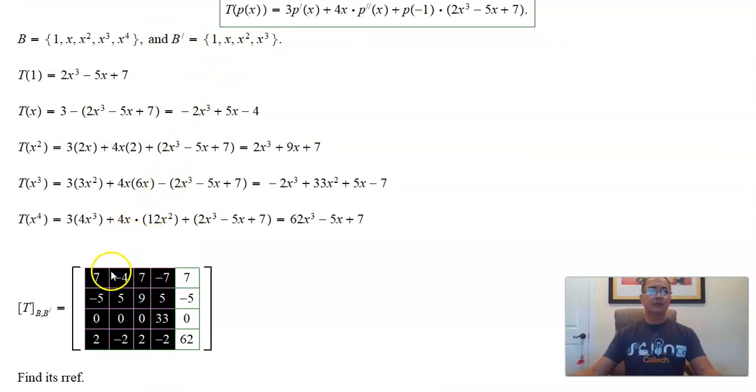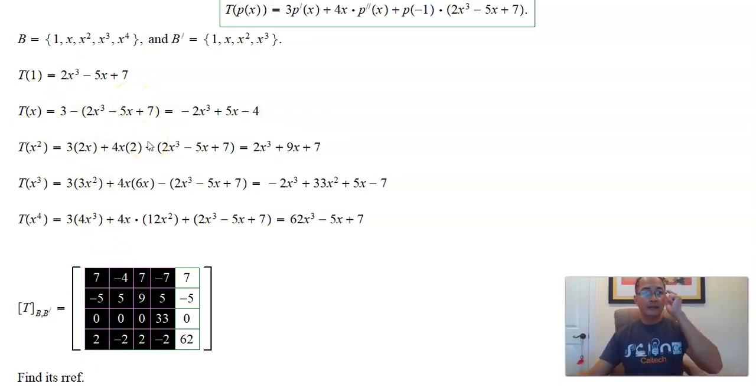So that will be 7 minus 5x plus 2x cubed. But where did we see that? Oh, it's up there because this came from this.